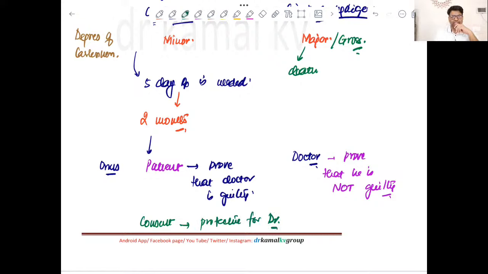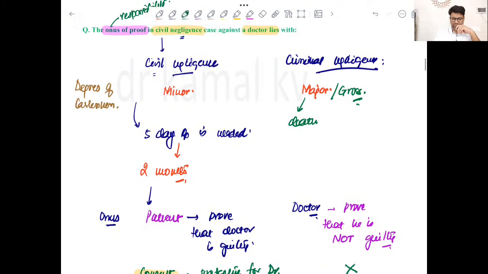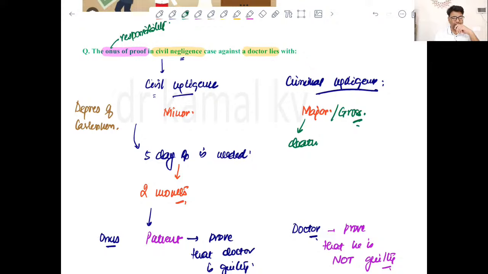So if you have taken consent, then you can say that I have already told the patient about this. If he was having any objection, he should have told me at that time, right? So consent becomes a defense for the doctor only in civil. It will not work in criminal, right? So these are a few points which you should know about civil negligence and criminal negligence.